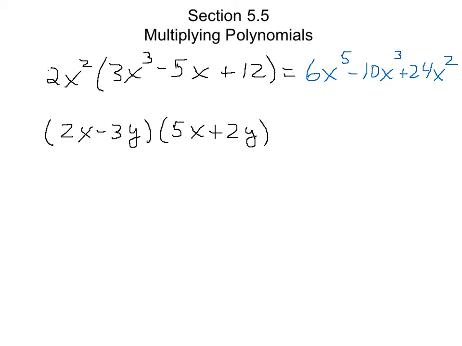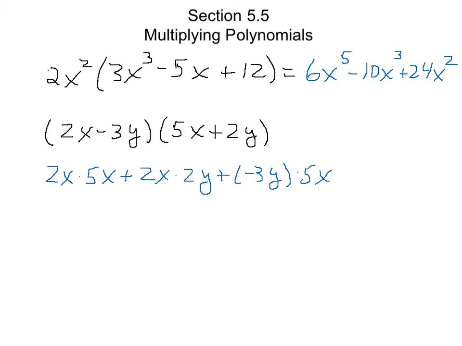So what that gives us is 2x times 5x plus 2x times 2y plus minus 3y times 5x plus minus 3y times 2y. See how that works?